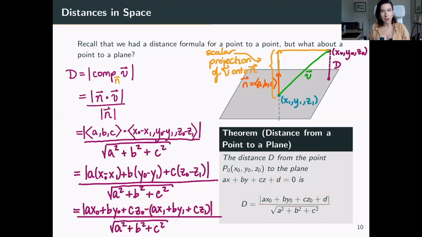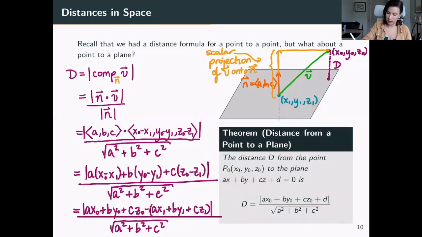Well, remember that x1, y1, z1 is on the plane. So because it's on the plane, I can replace x, y, and z with x1, y1, z1.